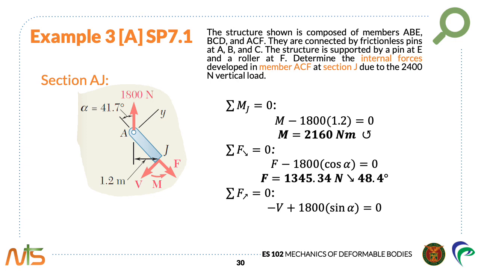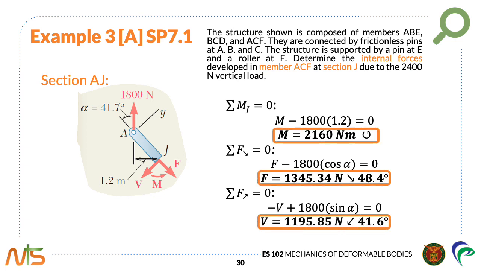Again, alpha is 41.7 degrees. This term is positive since the y component is directed to the positive y direction. Then equate it to 0. We therefore have V equal to 1,195.85 newtons. Again, positive scalar, so therefore we retain the direction of V.